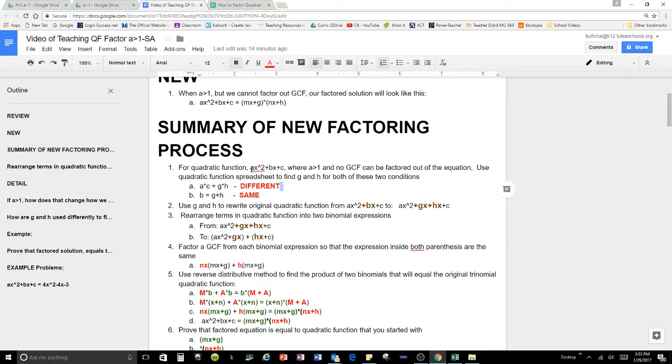So when we can't factor out that a, and that a is going to stay greater than 1, here is how we go about factoring our quadratic function. And what it's going to look like when we're finished, I forgot to mention this up here: we're going to start off with ax squared plus bx plus c, and when we're finished, we're going to have two binomials.